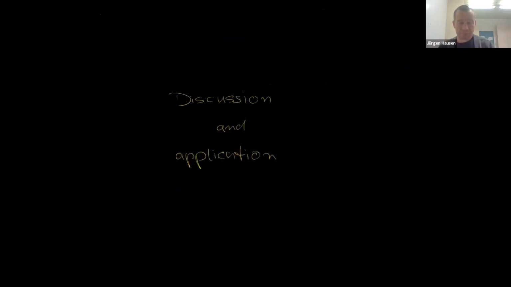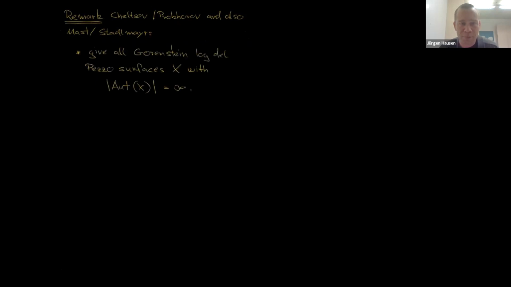Let us discuss this a little bit. When Timo and I were computing this presentation, somewhere when we had been almost done, there appeared papers by Ivan Cheltsov and Yuri Prokhorov, and also by Mast and Stadelmeier, answering some very similar problem.